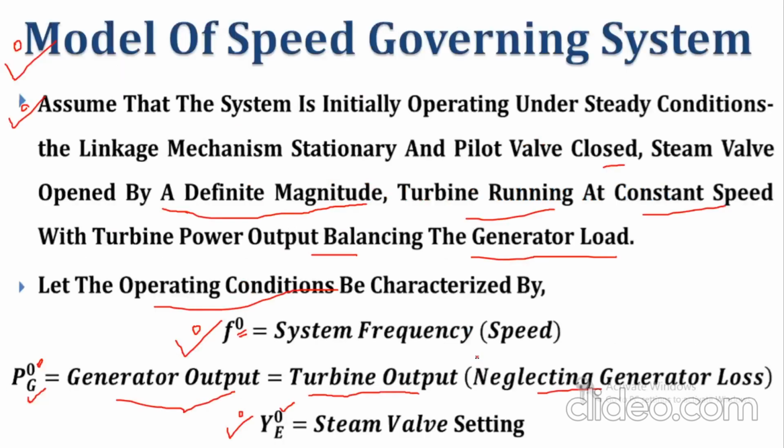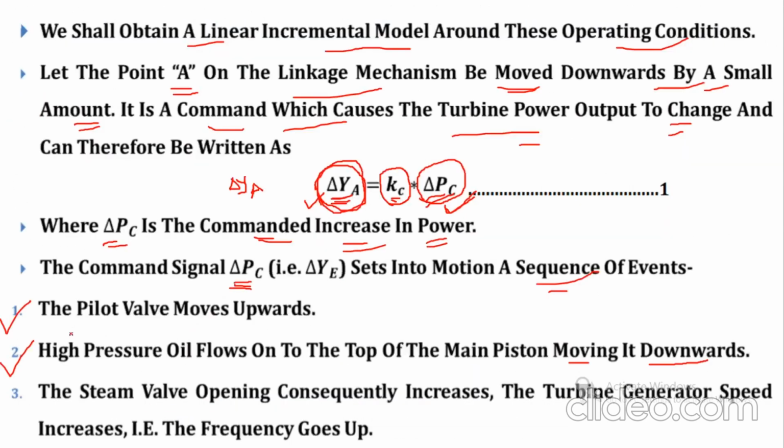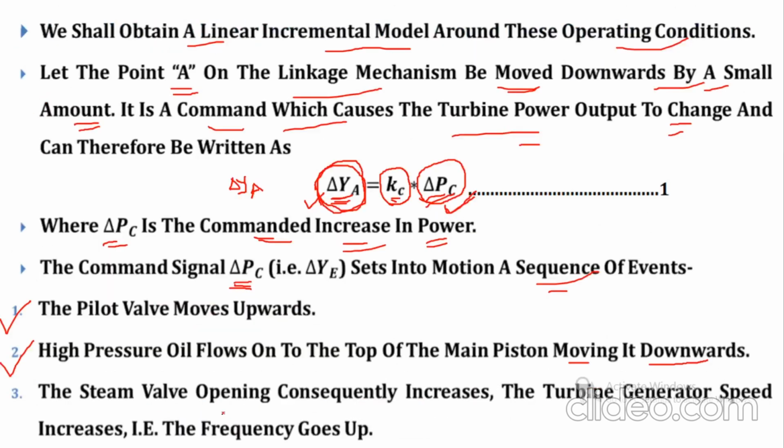Point A will move downward; this is the signal. Second, the pilot valve will move upward, and high pressure oil flows on the top of the main piston, and then the main piston will move downward.